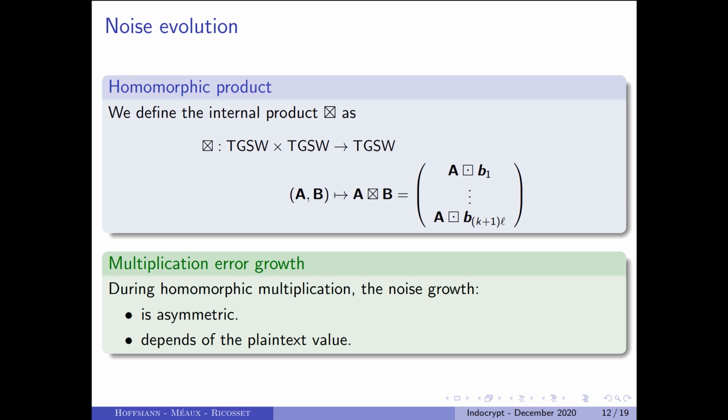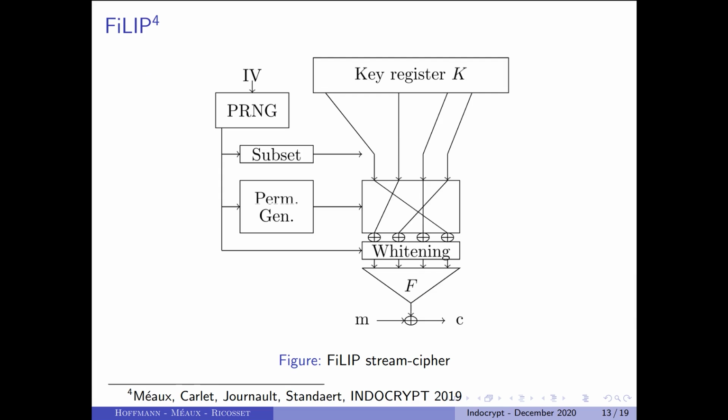Also, the noise depends on the plaintext value. So multiplication by a cipher of 0 won't give the same noise as a multiplication by a cipher of 1. Both those properties, in the third generation, allow to perform a lot of multiplications.